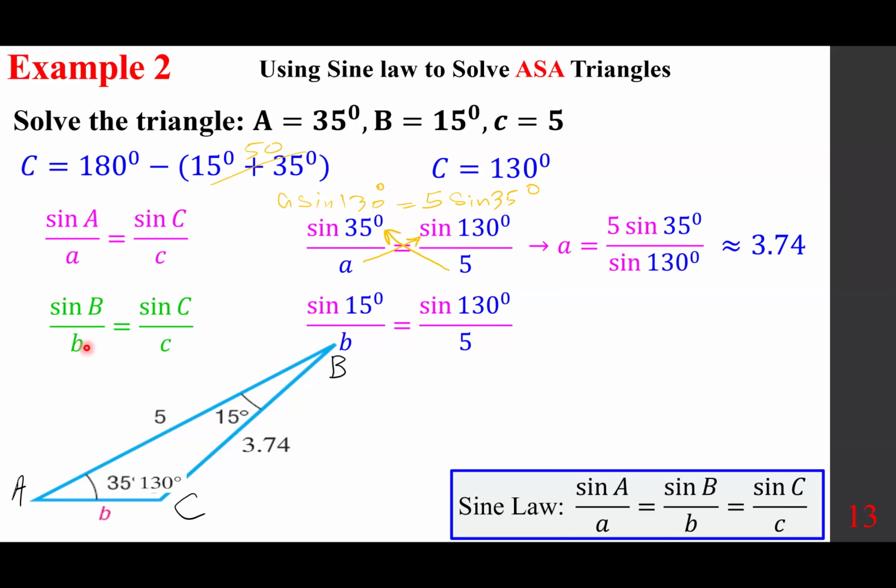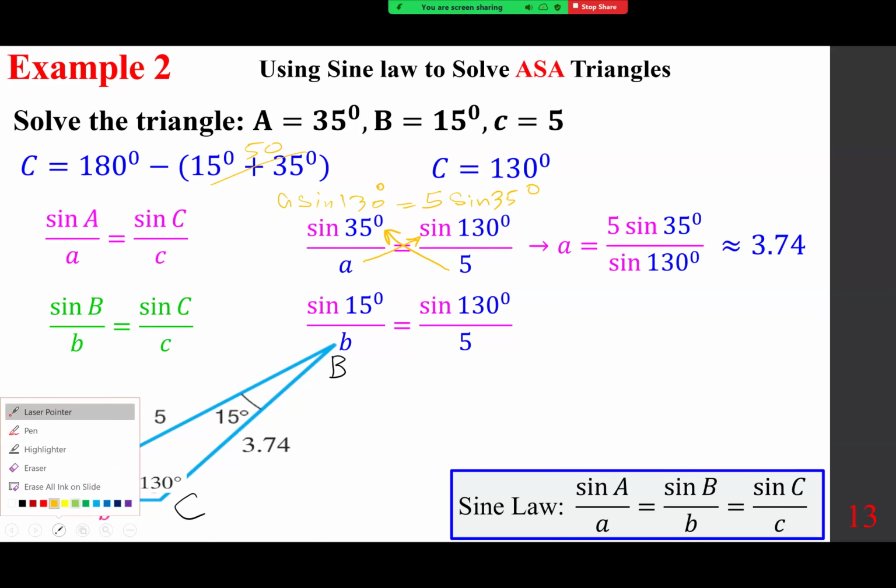And so the product of these two is the same as the product of these two. So we multiply these two, 5 times sine of 15 and divide by sine of 130.